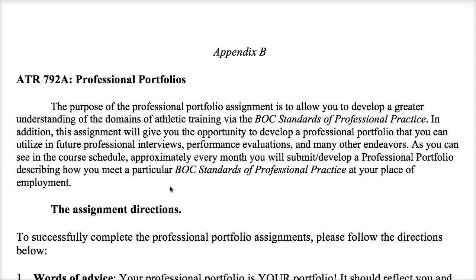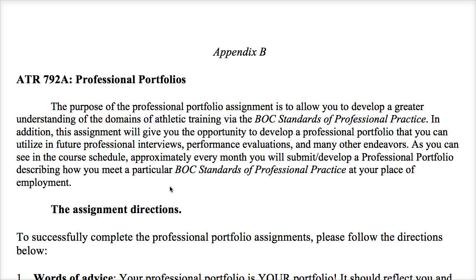We're going to go over our first rough draft for our professional portfolios for ATR 792A. The documents that you'll need for this presentation are the syllabus, Appendix B in the syllabus, the professional portfolio template, the PE professional portfolio example, and the BOC professional standards document.